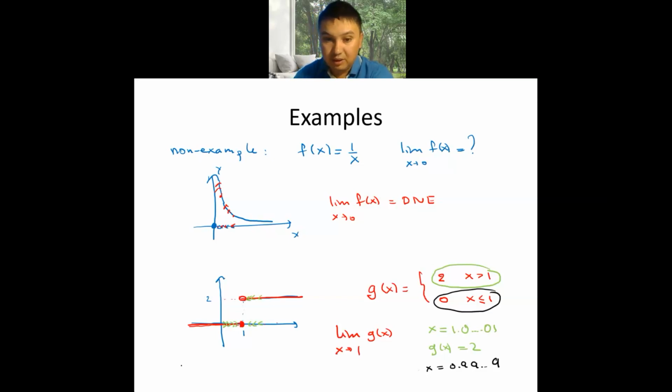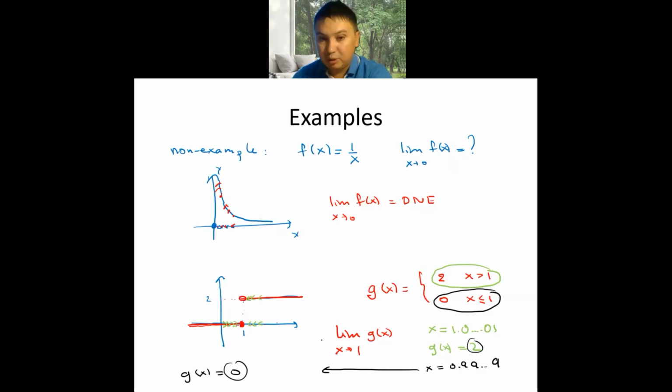This implies my g of x in this case is 0, right? Because I'm in the 0 case. So you see, when you approach 1 from different directions, it's 2 and 0.